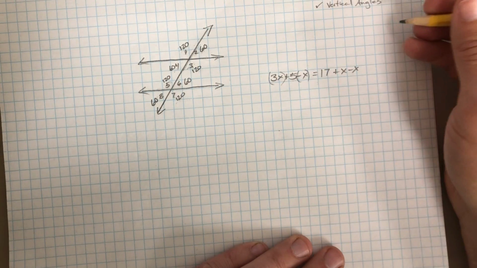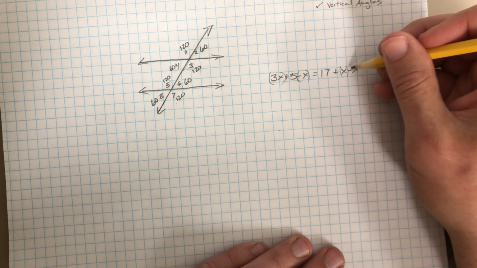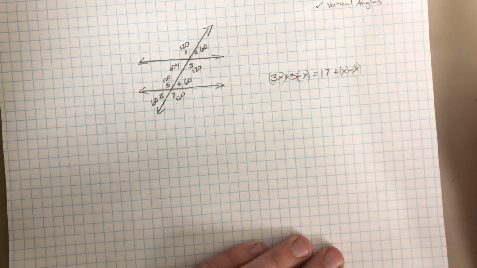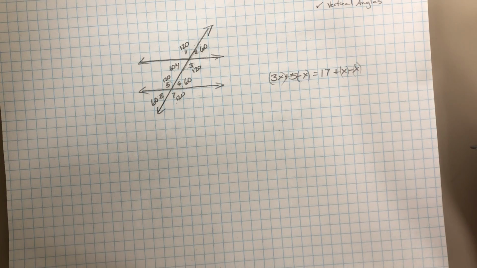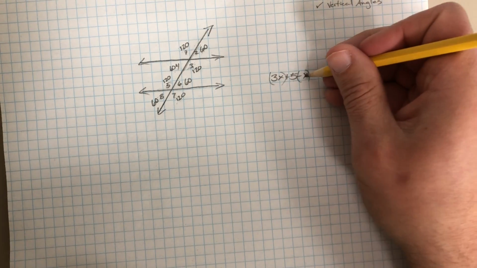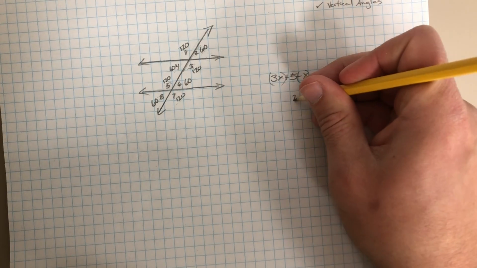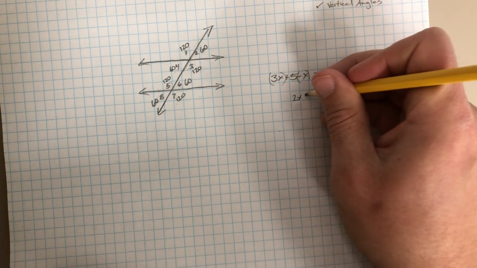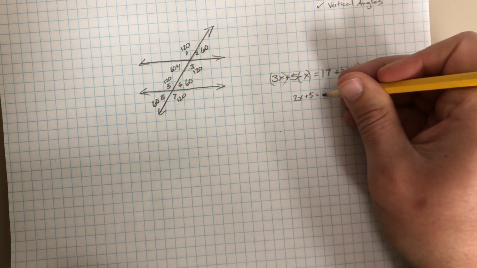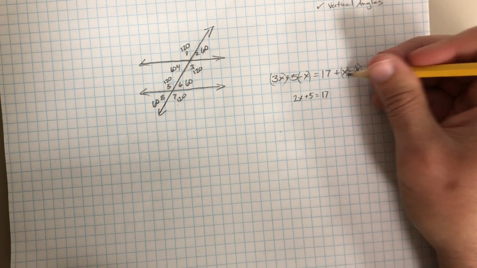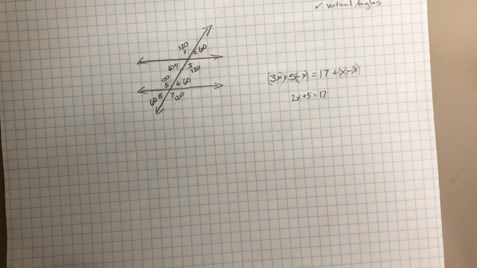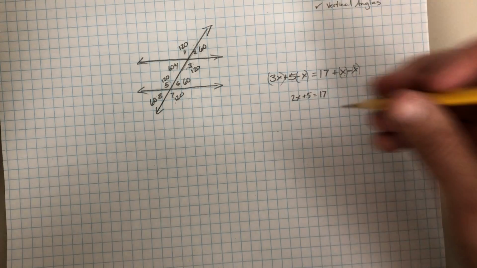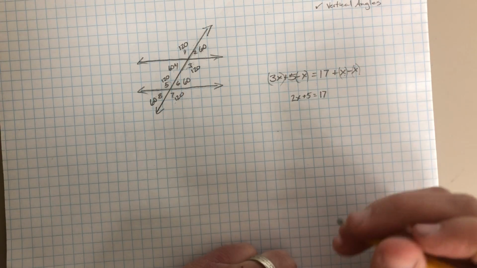And then I have a 5 in between there, and here I have an x, and we're subtracting an x there. Okay, so 3x minus x would leave me with 2x, plus 5 equals 17 plus x minus x. So plus x minus x, those two will cancel out. So I'm left with 2x plus 5 equals 17.